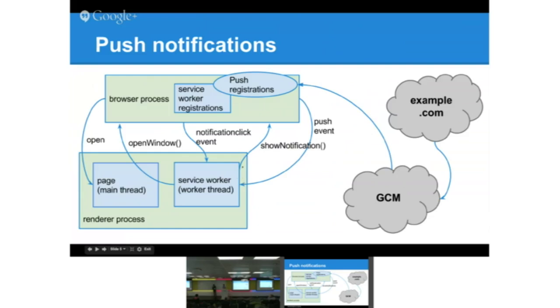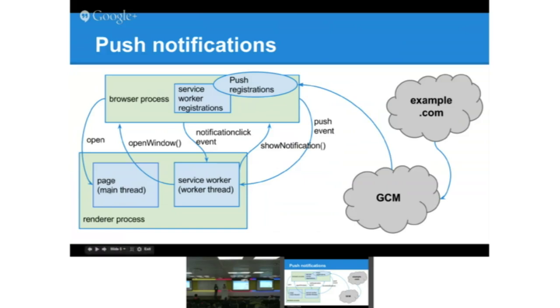So it tells the browser, please show the notification for this push. And then when the user clicks the notification, that turns into another event sent to the service worker. Typically in response to this, it would ask the browser to open a window or focus an existing window for that site. And then the browser process would send that to maybe this render process or another one to open a window and show what the site wanted to show.